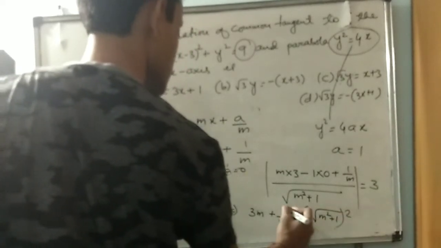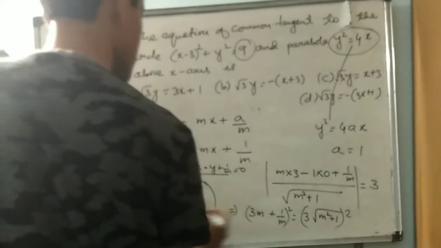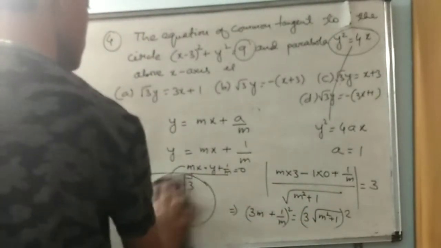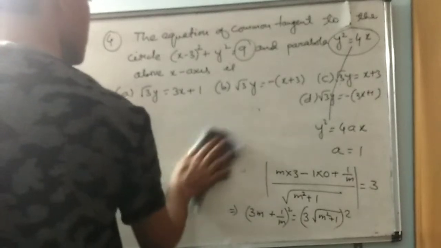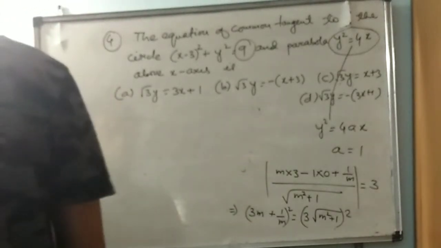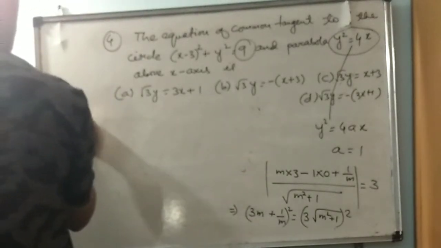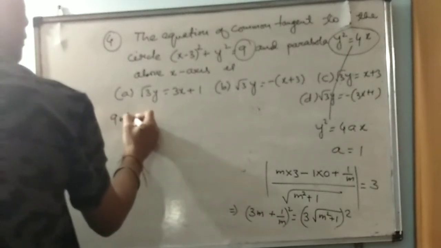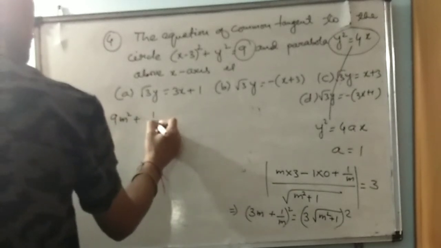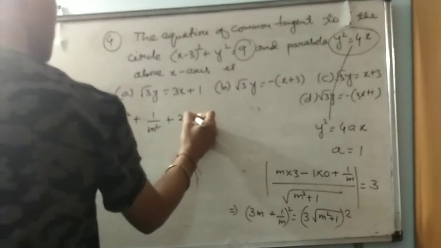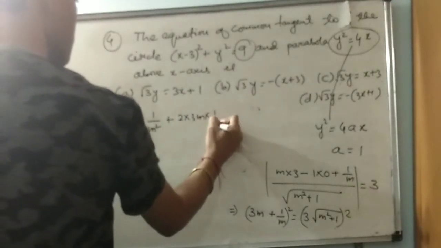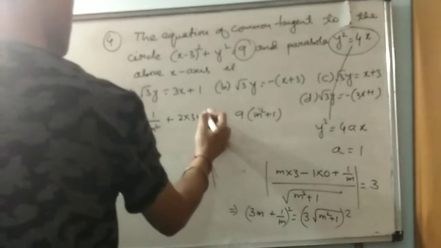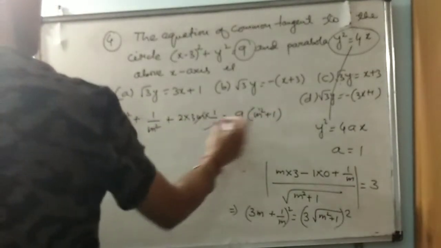Squaring both sides and simplifying, we'll get 9m square plus 1 upon m square plus 2 into 3m into 1 upon m is equal to 9 into m square plus 1. So m gone, 9m square also gone.